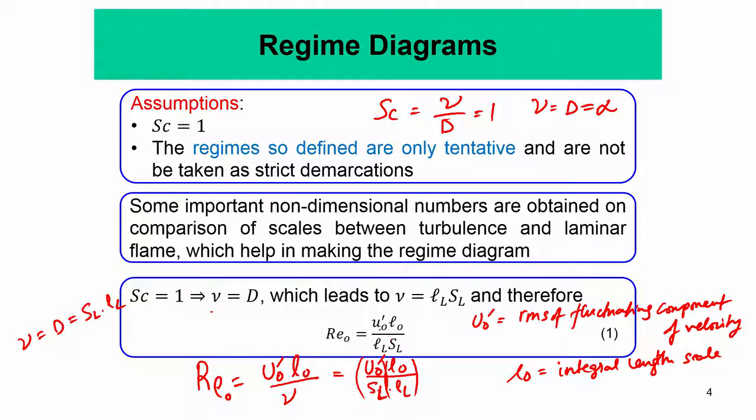You can clearly see here that the first term is the ratio of your URMS to flame speed, and this is the ratio of L0 by LL. Clearly this tells you how strong the turbulence is, as the Reynolds number should tell.